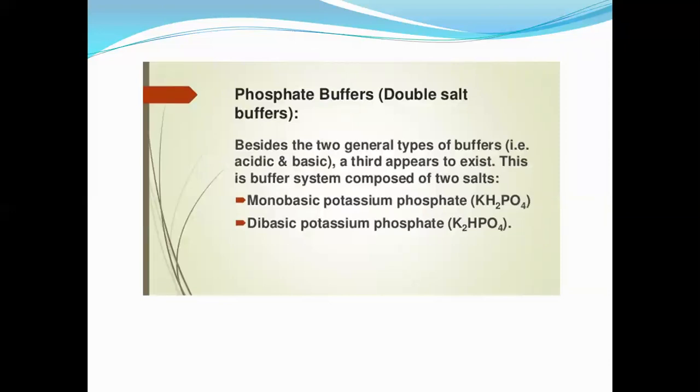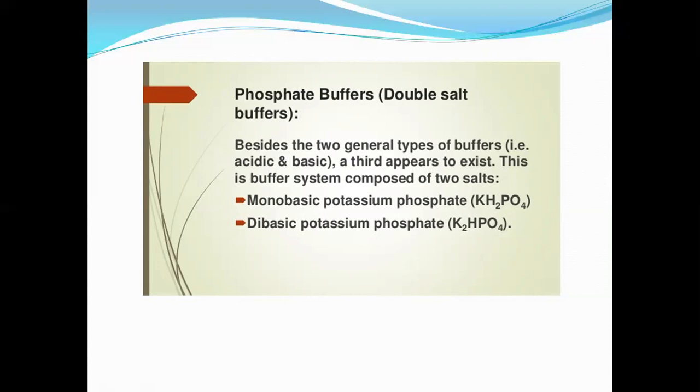Phosphate buffers are also known as the double salt buffers. Besides the two general types of buffers, acidic and basic, a third appears to exist. This buffer system is composed of two salts.